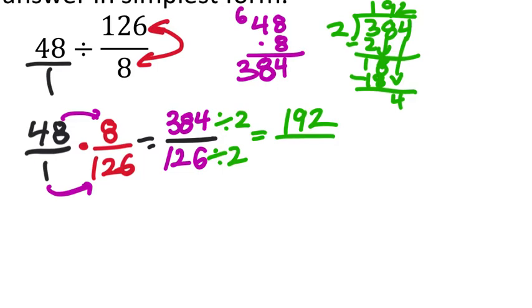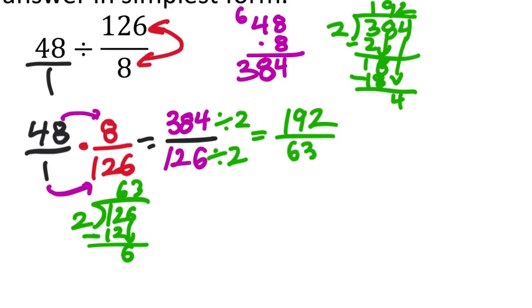In the denominator, though, 126 divided by 2. 2 goes into 12 6 times. That's a 12 right there. How many times is 2 going into 6? 3 times. 63. All right, now I can see that the numbers are no longer divisible by 2, but let's see if they're divisible by 3. And we'll do that by adding the numbers together.